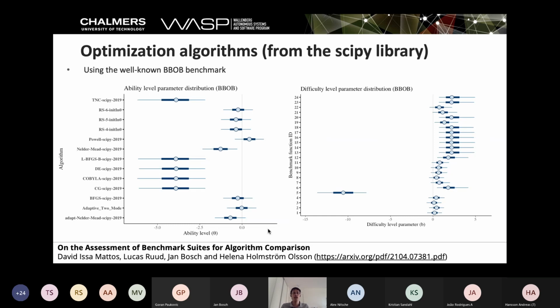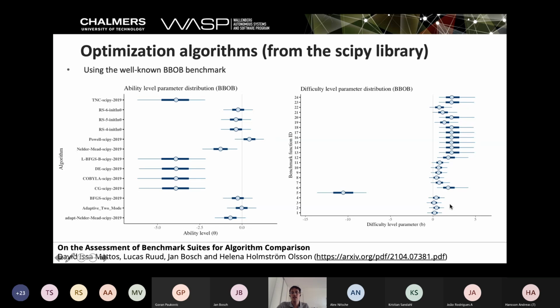And we are trying to assess the ability level of those algorithms compared to the difficulty level of the benchmarks. And here we can see that most algorithms, the best ones, are around the ability of 0. And the difficulty level of most here are around 2, 3.